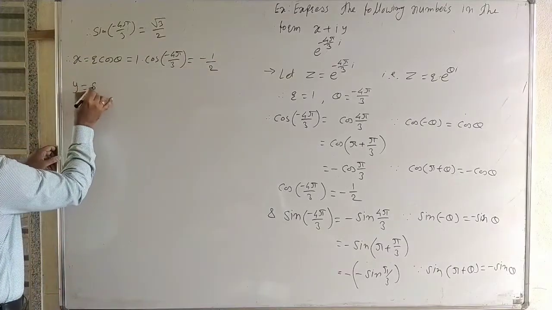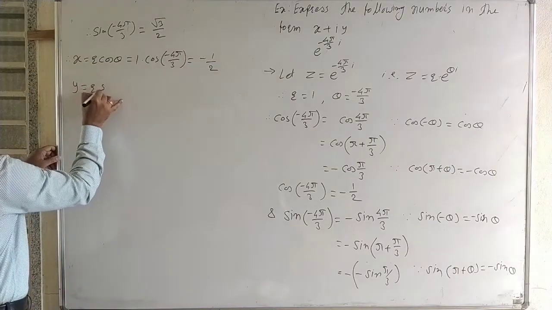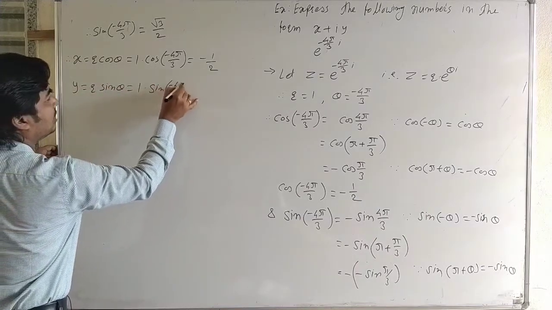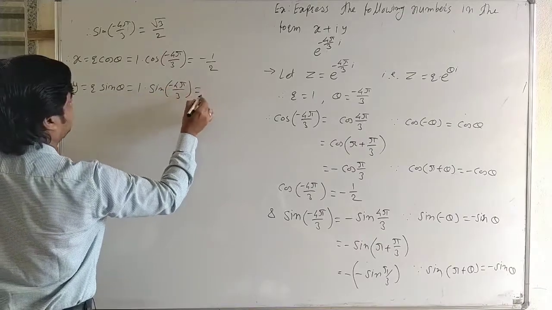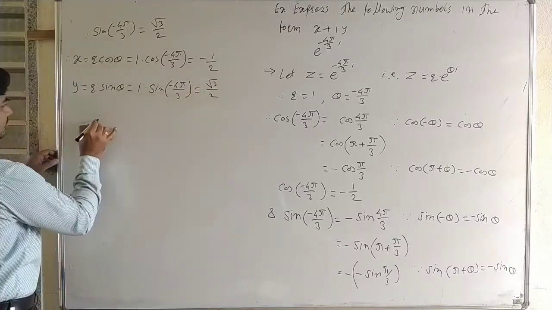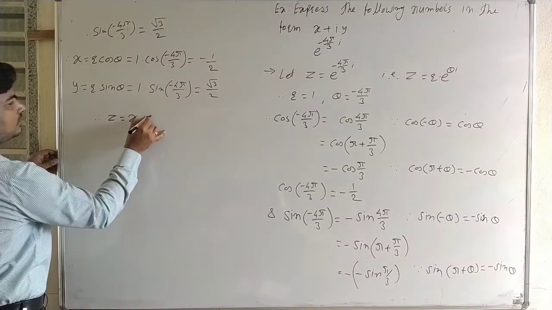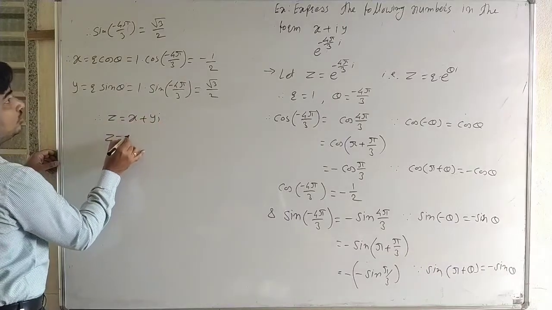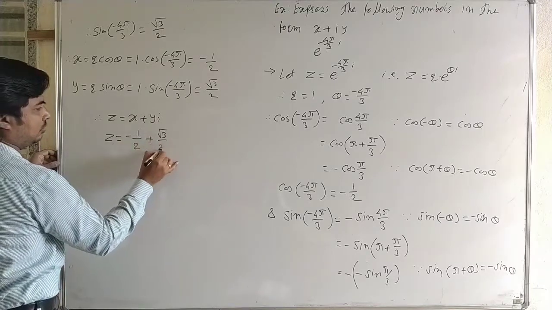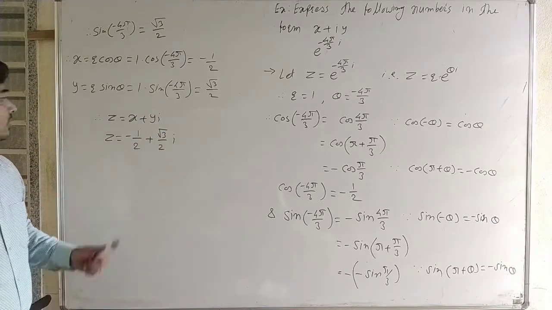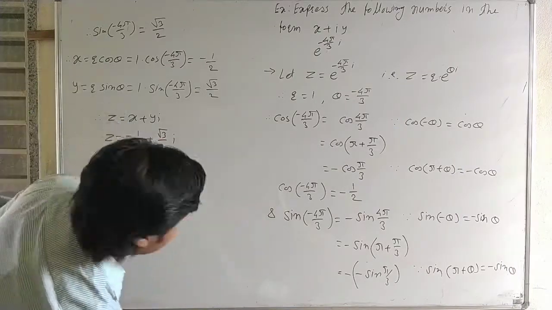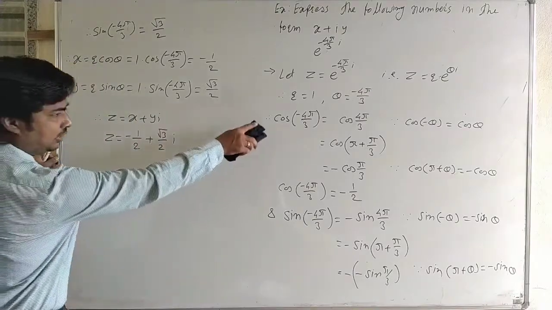Y is equal to r sin theta, therefore 1 into sin minus 4 pi by 3 is equal to root 3 by 2, and therefore z is equal to x plus yi. Z is equal to minus 1 by 2 plus root 3 by 2 i. It is a complex number. Z is equal to x plus yi. Okay, see carefully. Just watch this calculation carefully.